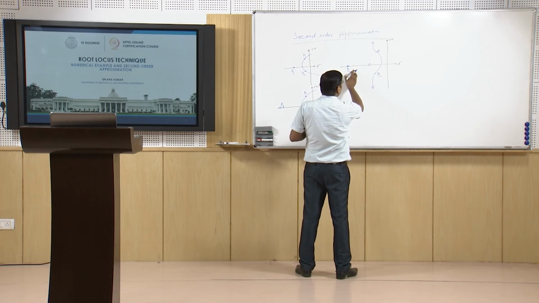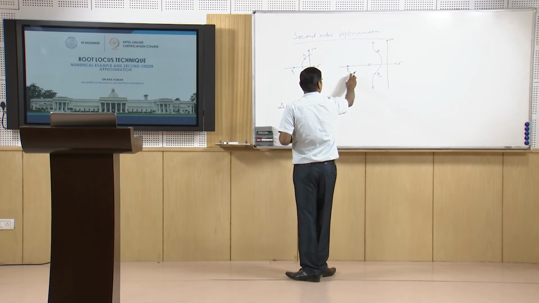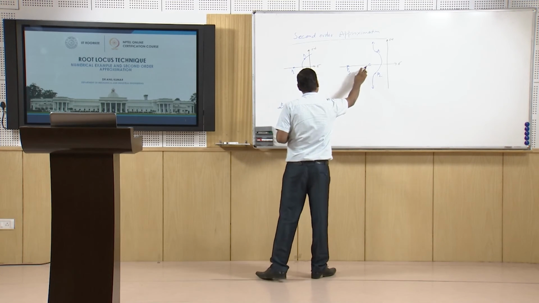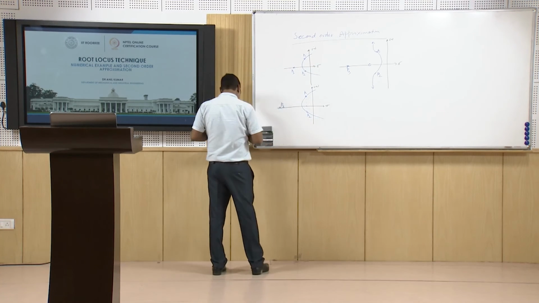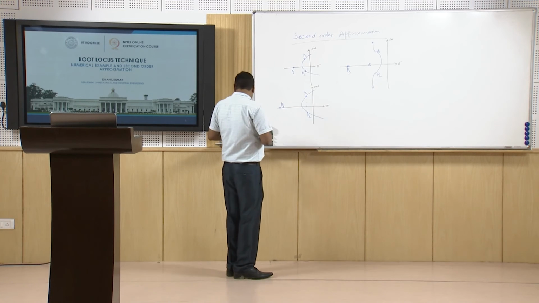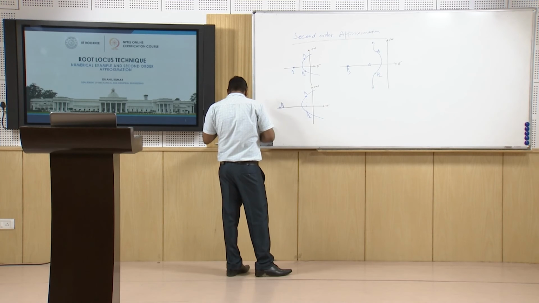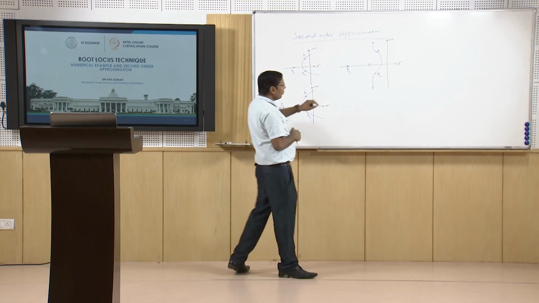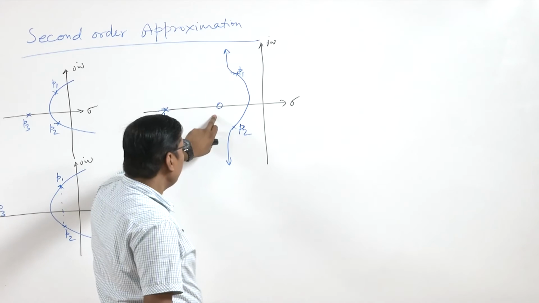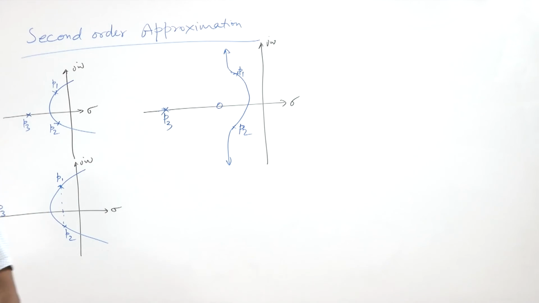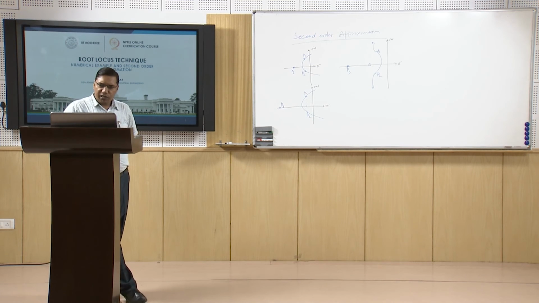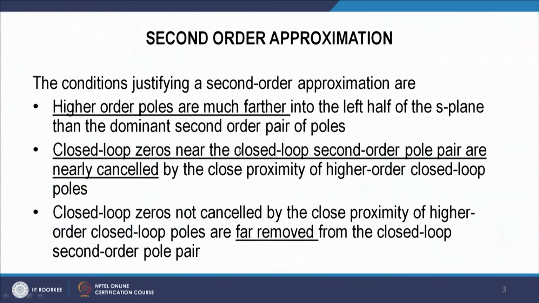So here we can see that if there is a 0 here, this 0 will affect the response of this system. So a closed loop 0 near the closed loop second order pole pair can be cancelled by the close proximity of higher order closed loop poles.